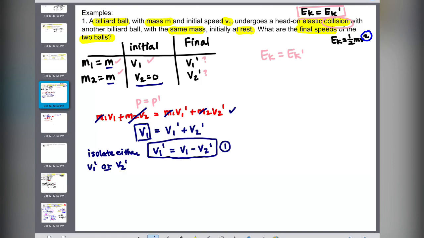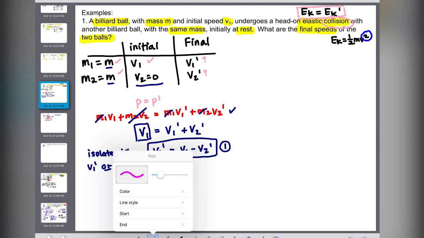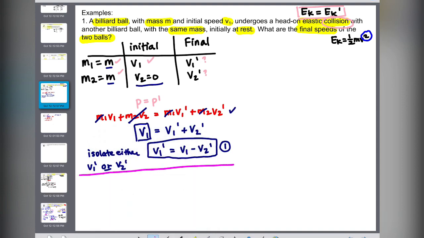Now I'm going to prepare equation number 2, which is from the kinetic energy. Because the question says it is an elastic collision, I'm going to do it at the bottom here because I want a bit more room. So EK equals EK prime. EK would be the kinetic energy for block A and B. Kinetic energy is half mv squared.